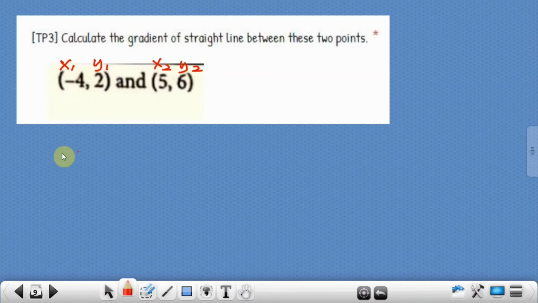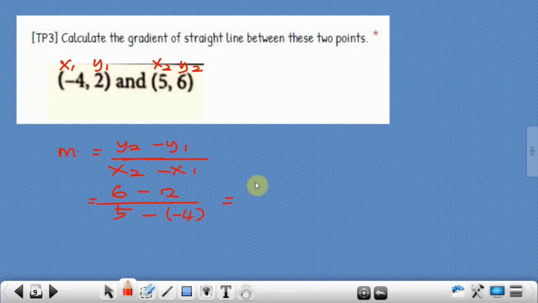The gradient of the straight line is y2 minus y1 divided by x2 minus x1. So here our y2 is 6 minus y1 which is 2, then we divide by x2 which is 5 minus -4.